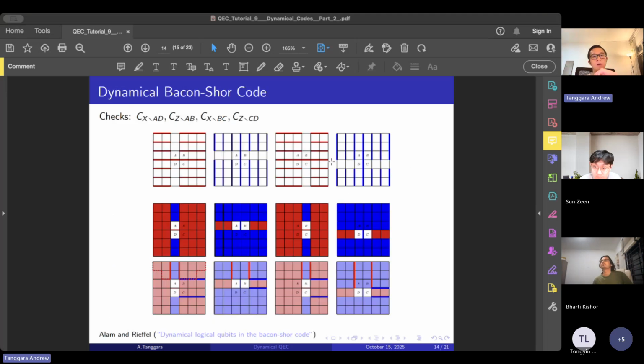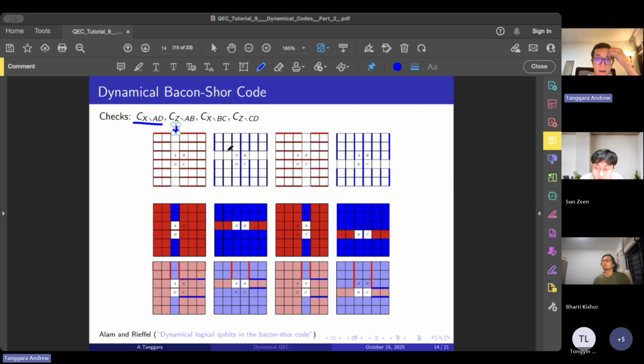Right. So I'm not going to go into this dynamical Bacon-Shor code in more detail. I believe Derek also mentioned this at some point in his talk. But I'm going to cover how you do the updates here. Your measurement sequence is basically all the red edges corresponding to qubit X checks, except on this column where we have these A and D squares, and we denote that by this.